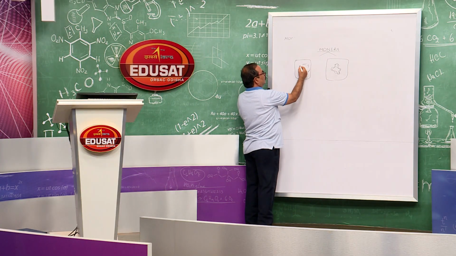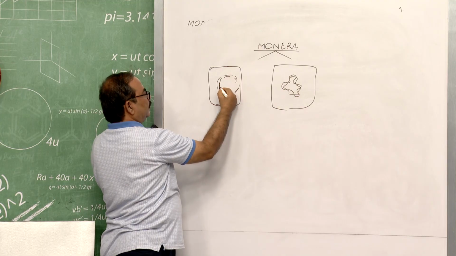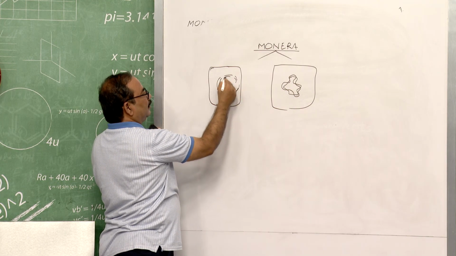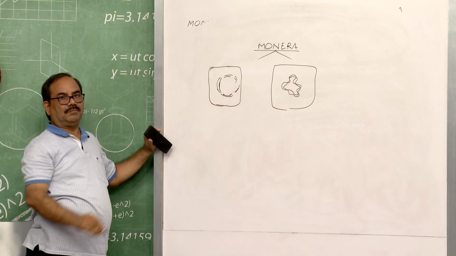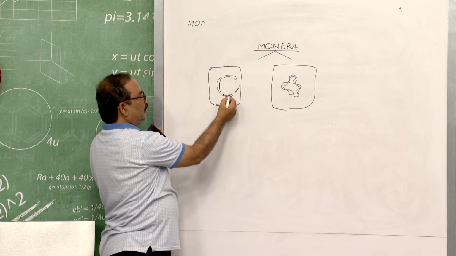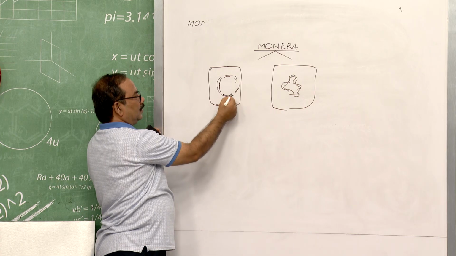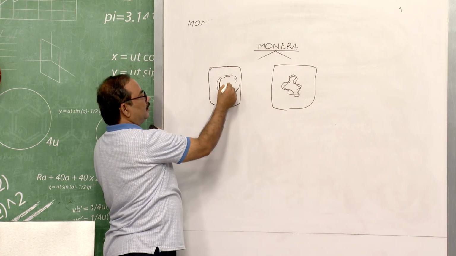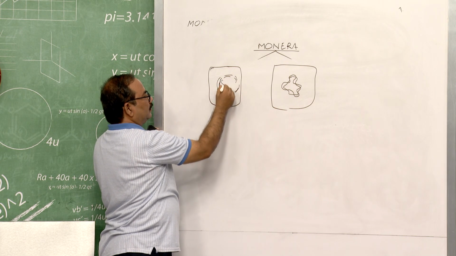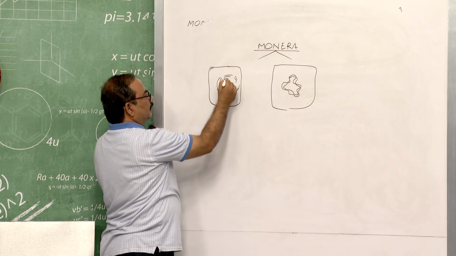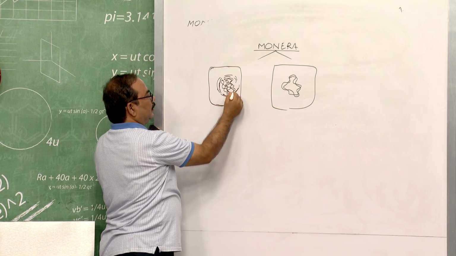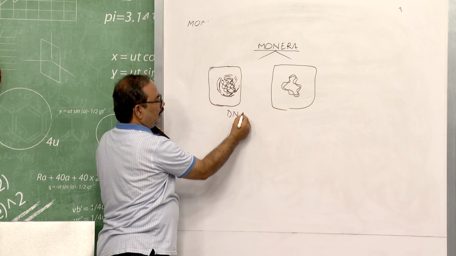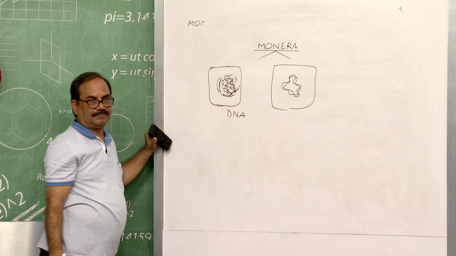Whereas in the eukaryotic cell, we shall see the nucleus is well developed and the nucleus is covered by a nuclear membrane. It is enveloped by two membranes. The nuclear membrane has nuclear pores, and inside that we have the genetic material DNA remaining associated with histone and non-histone proteins.